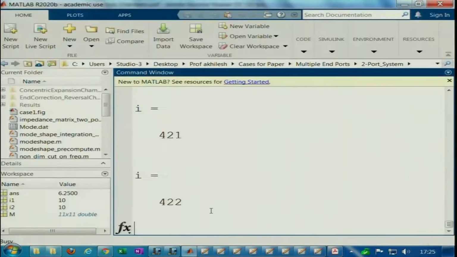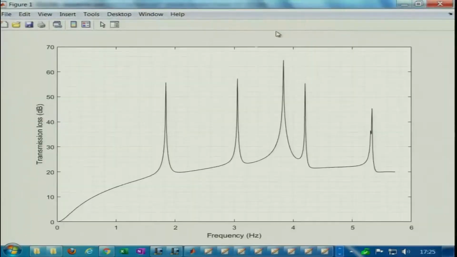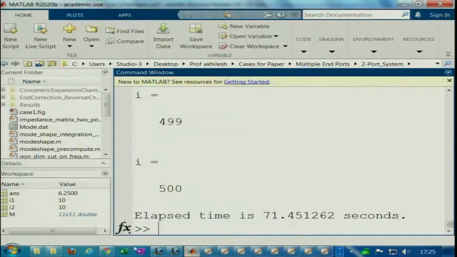Let it load, we should be nearly there, we should be getting a very broadband attenuation. Well, this is what we get, and compare it with the other configuration. Although the amount of attenuation at low frequency is relatively low, you are getting a broadband attenuation, and this is what I got in my Springer monograph.